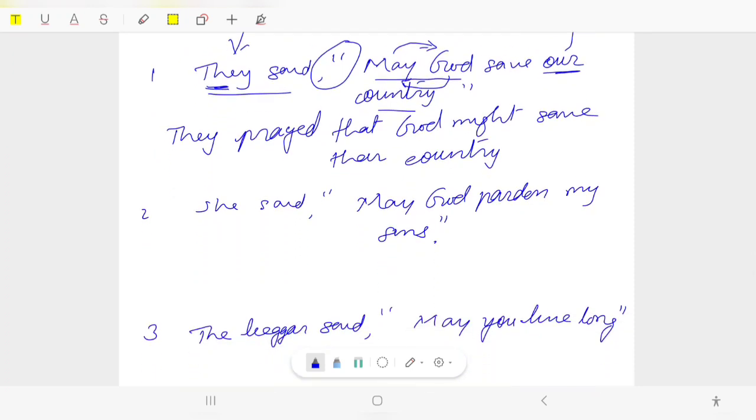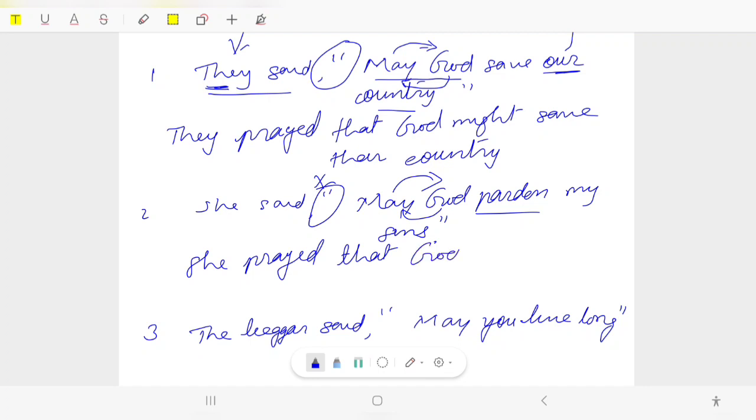She said, "May God pardon my sin." It's a prayer. So we'll write here, she prayed, comma, inverted comma, remove. Use the connector that. Exchange the place.